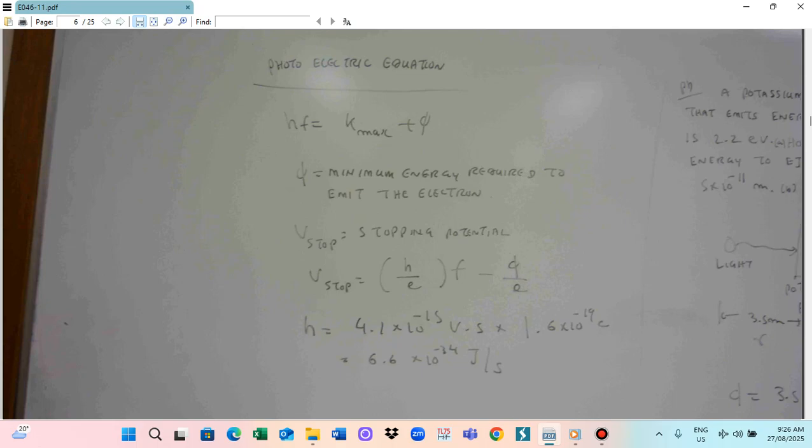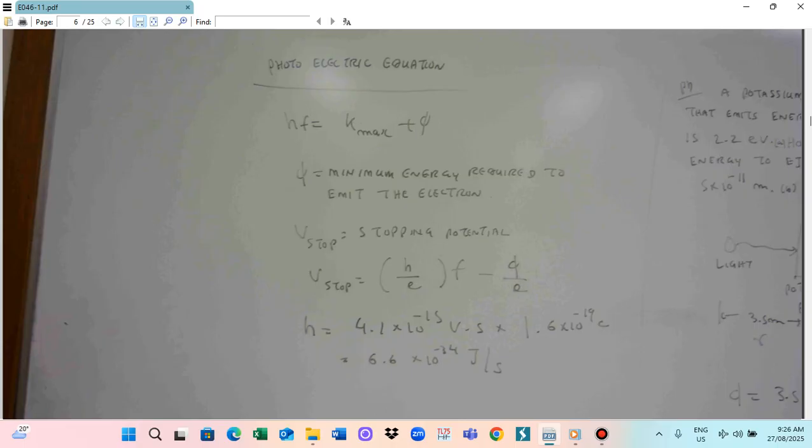In the meantime, sometimes we have to apply a stopping potential. We provide a potential so that the potential stops the electron flow. So the stopping potential can also be calculated.